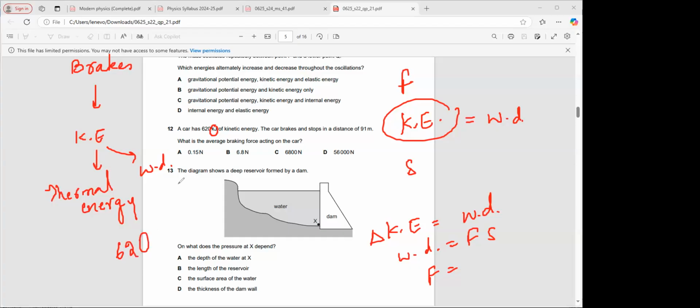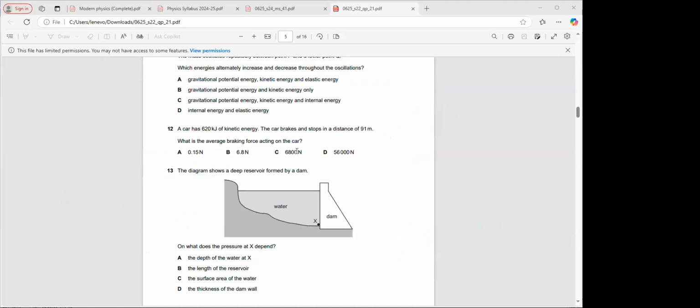No. Then it will be 6800 then. 1000 will also be multiplied. Kilojoules, yes. Okay, yeah. Hold on, let me write it down first. So you are getting 6800.